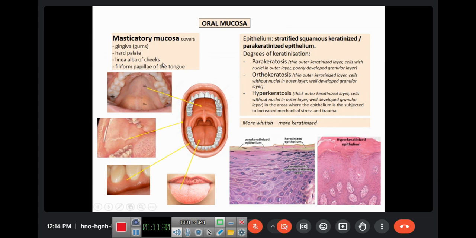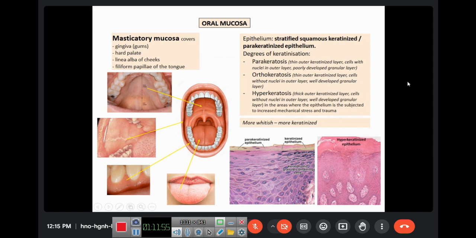And also, this type of mucosa covers the so-called filiform papillae on the upper surface of the tongue. These filiform papillae are very small, but they are covered with keratinized epithelium, so they look more whitish. The gums are seen here.